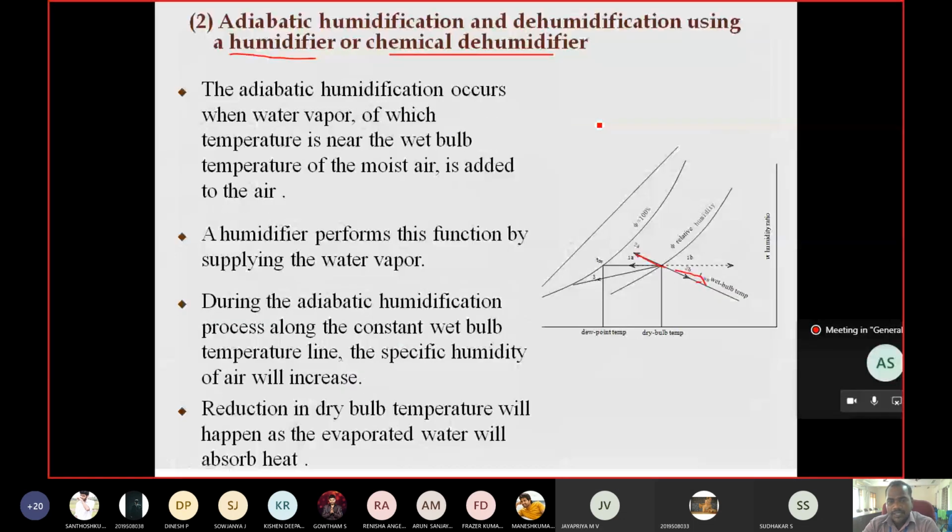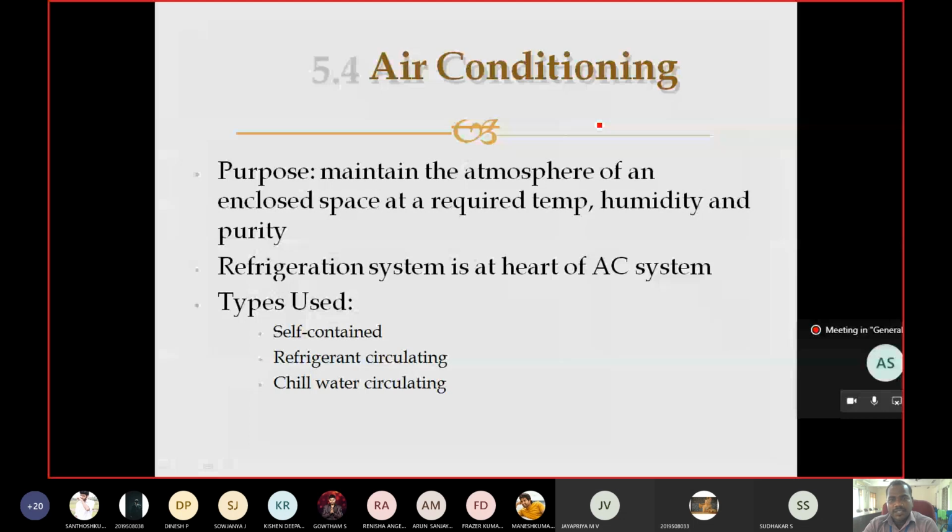So with this introduction, we are entering the chapter on air conditioning. The purpose of air conditioning is to maintain the atmosphere of an enclosed space at a required temperature, humidity and purity. The refrigeration system is at the heart of the AC system, and this AC system is an application of our refrigeration system.